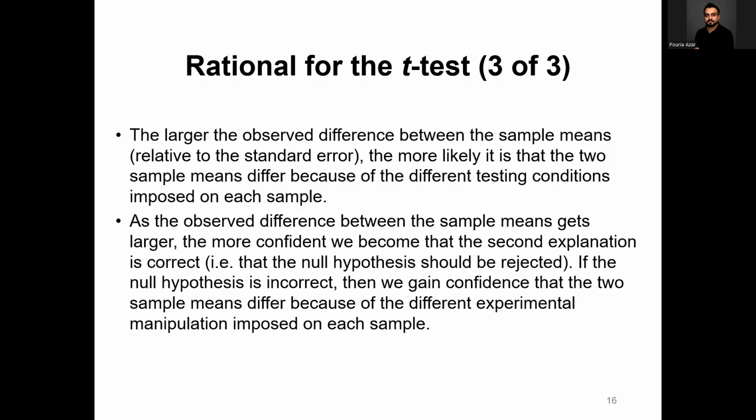As the observed difference between the sample means gets larger, the more confident we become that the second explanation is correct, which means the null hypothesis should be rejected. If the null hypothesis is incorrect, then we gain confidence that the two sample means differ because of the different experimental manipulation imposed on each sample. Therefore, we can establish causality here.